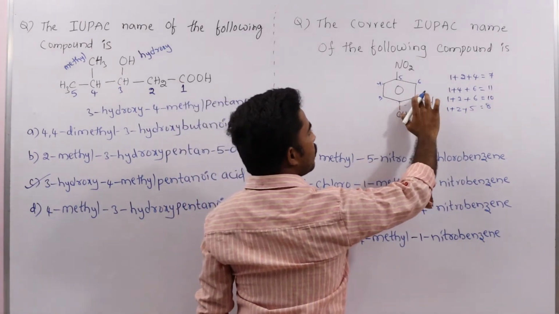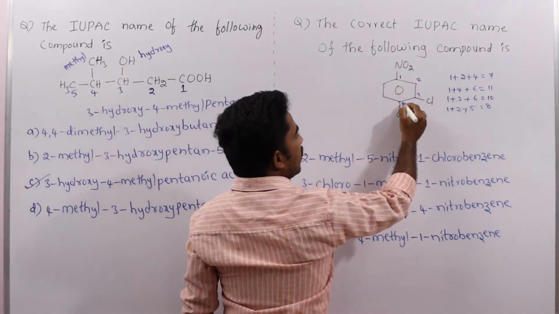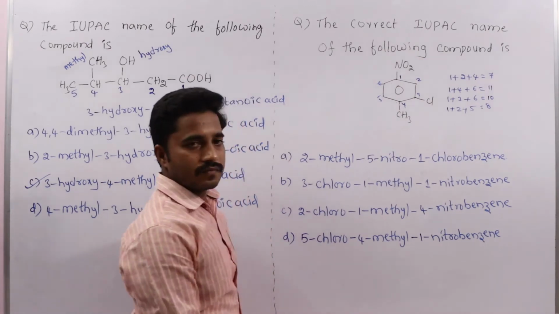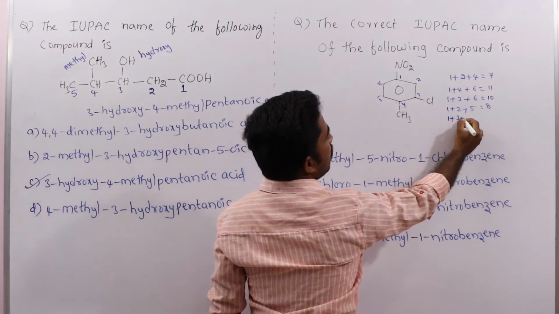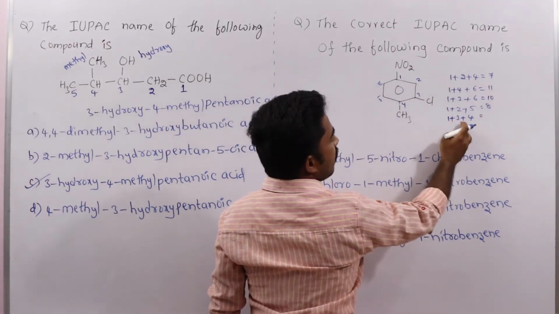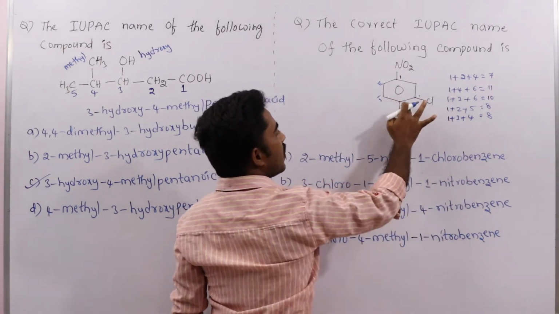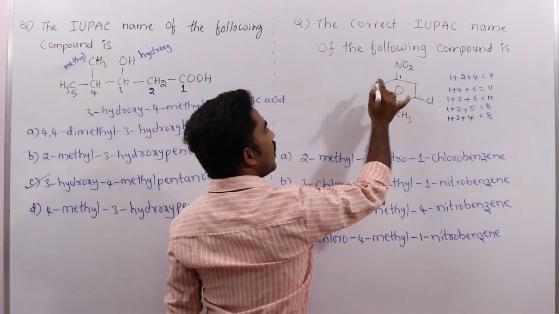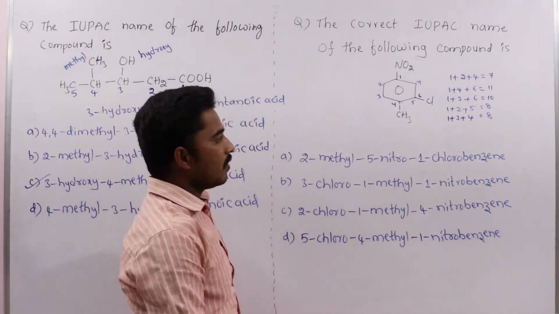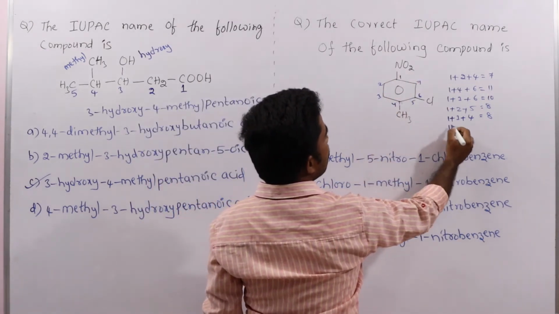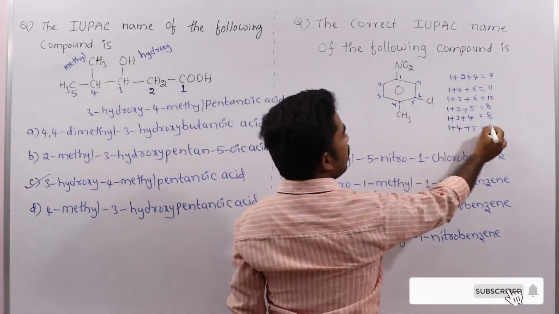Again, some more possibilities are there. If we number like this, first, third and fourth positions, 4 plus 3 plus 1, totally 8. One more way, 1, 2, 3, 4, 5, 6: first, fourth and fifth positions, totally 10.